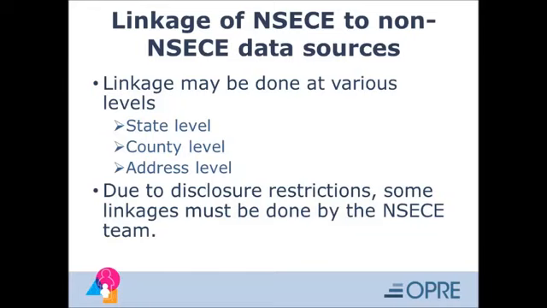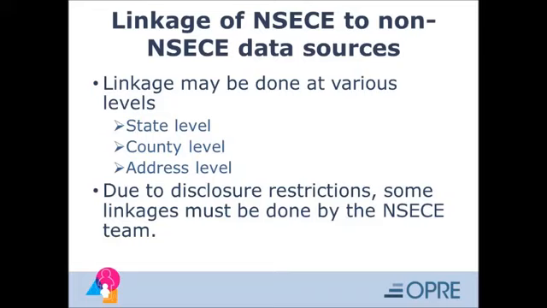Similarly, one can do address-level linkages. The most obvious example of this is these community characteristics, where we've used the actual address to link to local census data, but it's possible to link to transportation resources and geographic features and various other things at the address level.